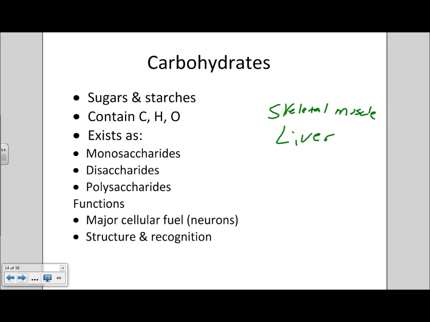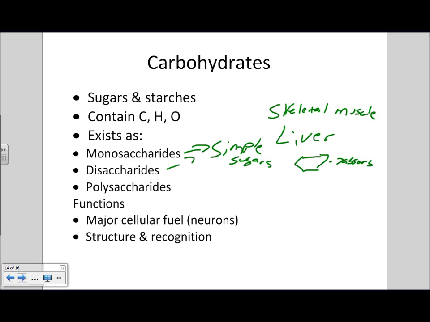Okay, and I mentioned earlier there's what's called kind of the bad carbohydrates, the monosaccharides. Some disaccharides are considered that as well, but basically these are what we call simple sugars. Now, people like to say that these are bad because we don't really need to digest these, so we consume them as individual sugar units, and then we absorb them very quickly.